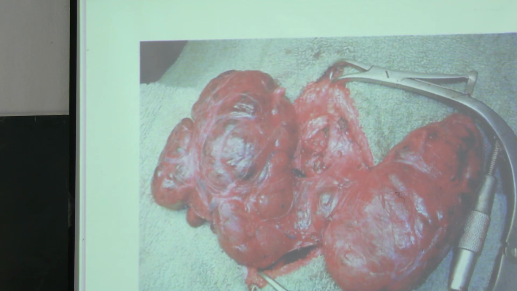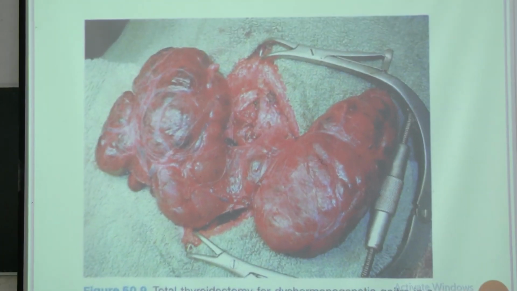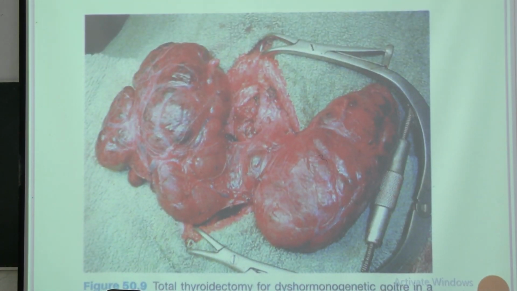Now, these are things that can be investigated through MRI, CT, and also USG. Most common is the USG. Don't go for an MRI after seeing a swelling. You do USG. USG is very, very good.